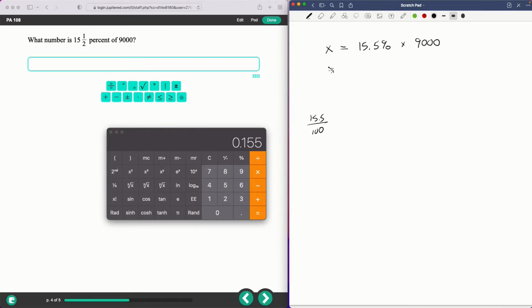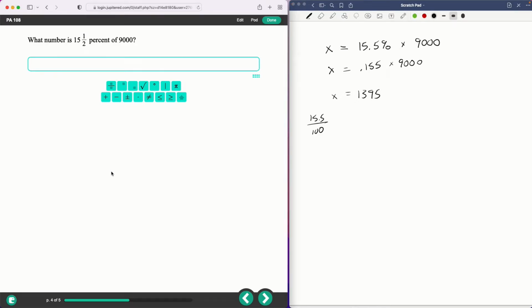So x is equal to 0.155 times 9,000. So we're going to take this 0.155 times 9,000. And our answer is 1395. X is equal to 1,395. So we're going to put that in here, 1,395, and check it, and it's correct.